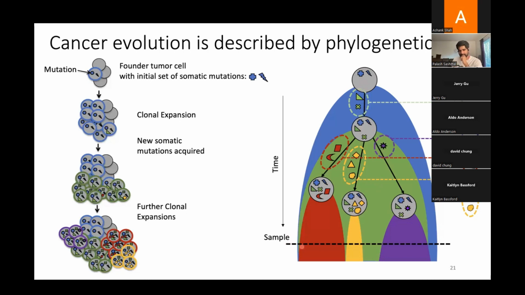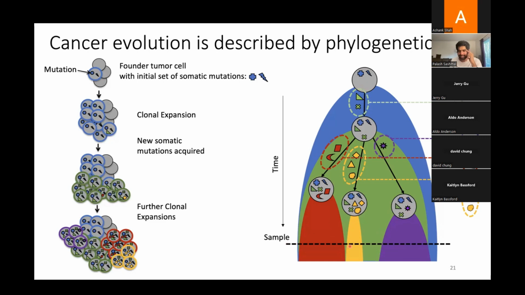And when you perform sequencing or take a biopsy from a patient in the hospital, you're basically taking a sample at present time that has cells with all these different kinds of somatic mutations. Okay, and it's very important for biologists to know which of these mutations are present in the sample, and also what is the proportion of cells that have each of these mutations.